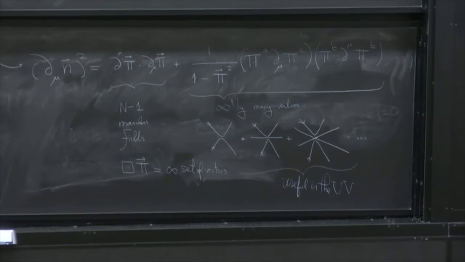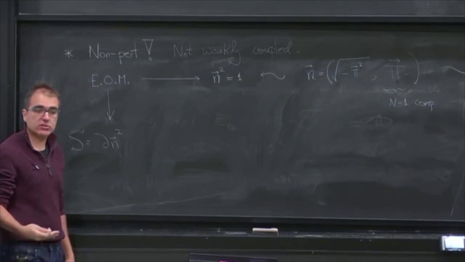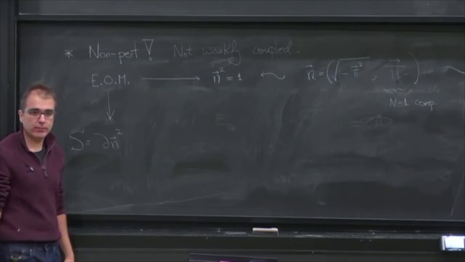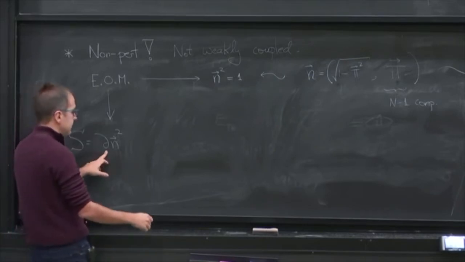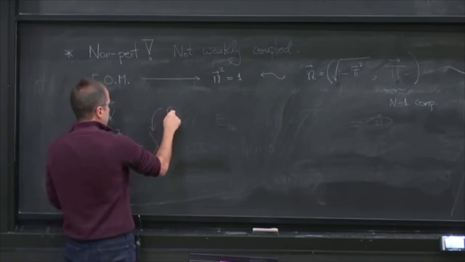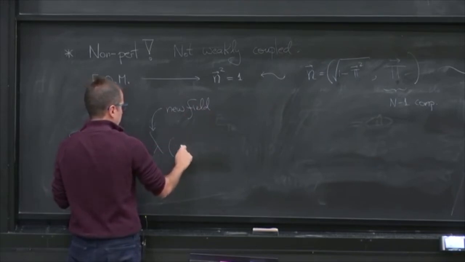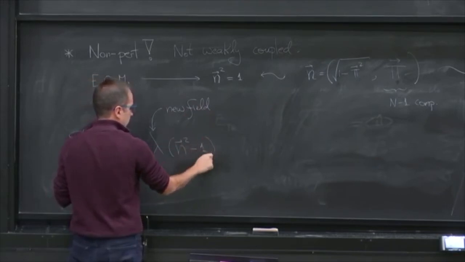So that's one option. The other option is we live with this, which means that we have to write our action, which was (∂n)². And then we want to add a Lagrange multiplier that is a constraint that sets n squared equal to 1. So how do you add constraints? You add plus lambda, a new field, times n squared minus 1.